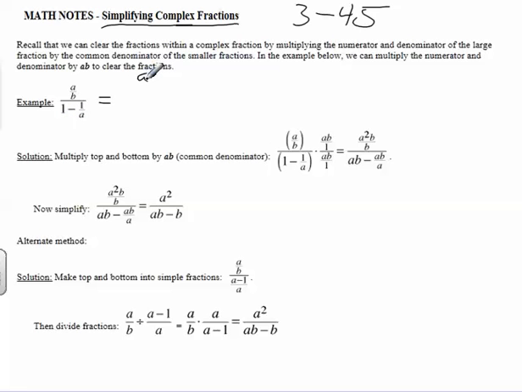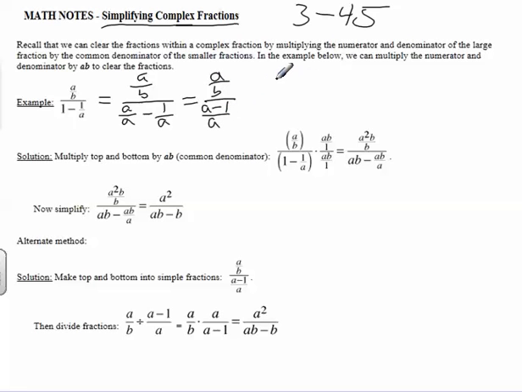So we've got a over b divided by, now I need to make a common denominator between these two. 1 can change to a common denominator of a, so we would have a over a, which is the same as the 1, and then 1 minus a. So that simplifies to a over b, and then a minus 1 for the numerator over a as the common denominator.